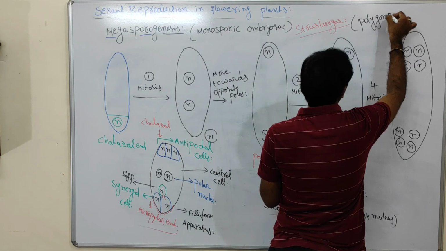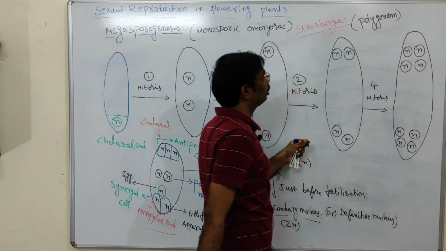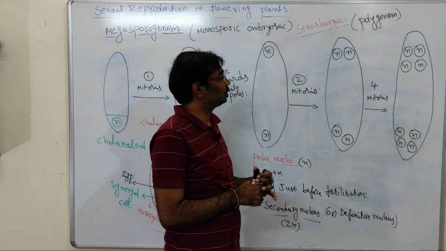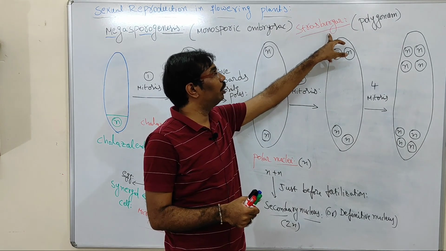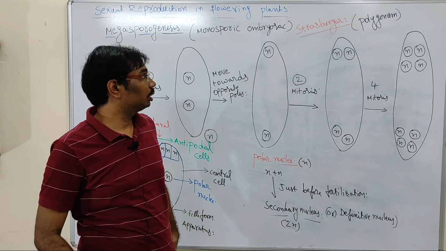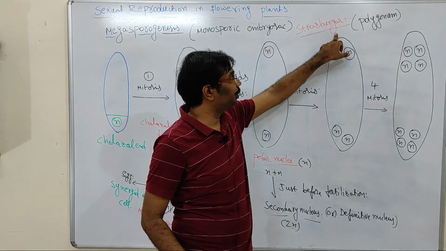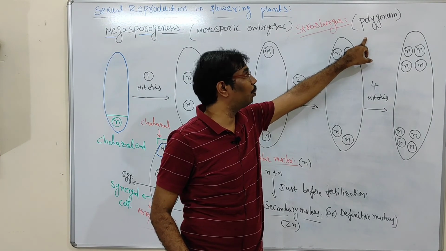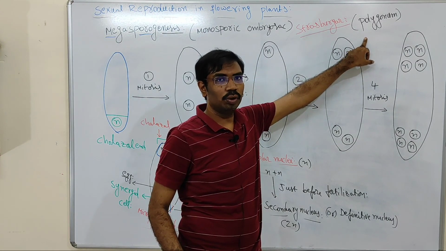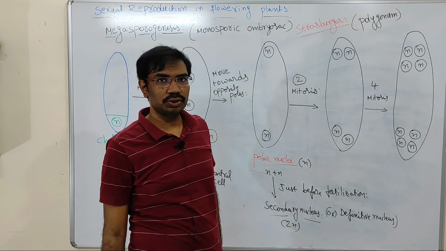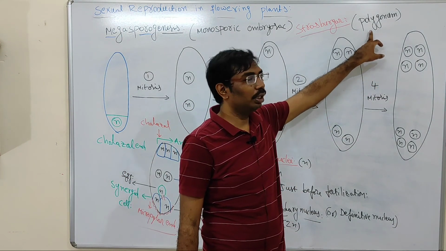Strasburger identified monosporic embryo sac development in the Polygonum plant. Because of this, the monosporic embryo sac is also called the Polygonum type of embryo sac.